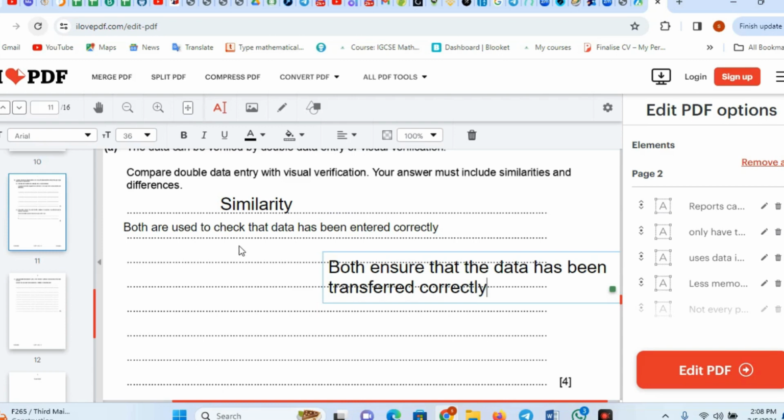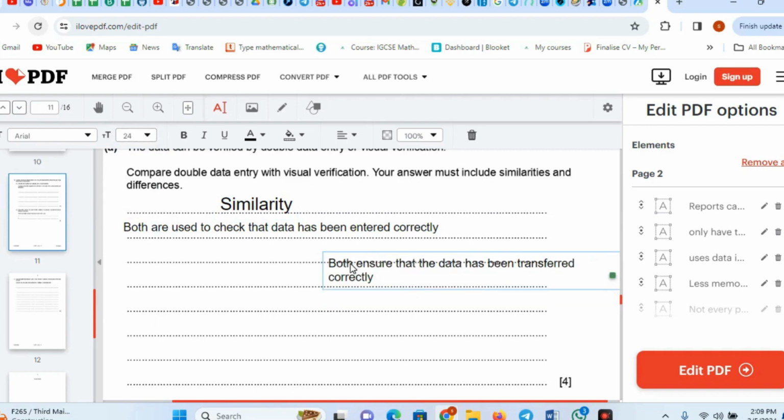There is no mistake in the data that is transferred.